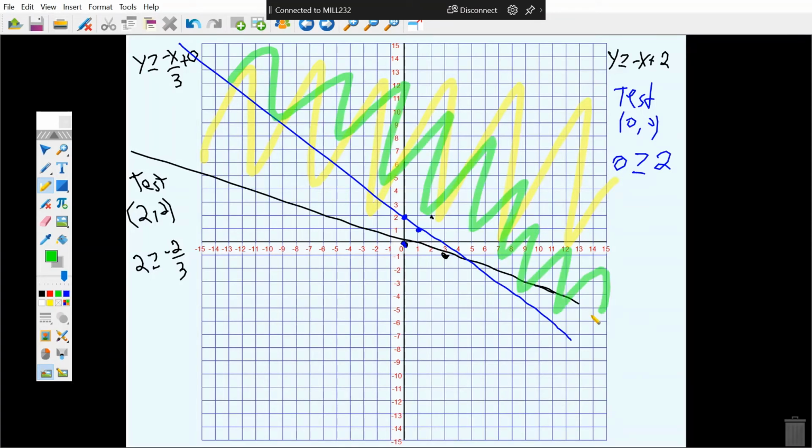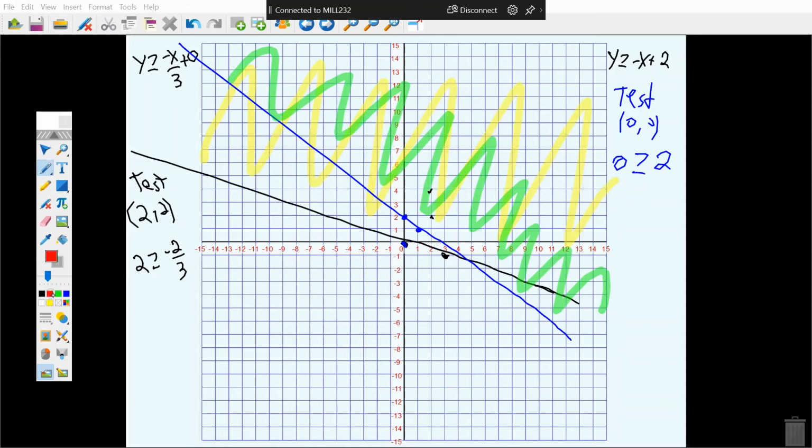Now, the final step is to look for any overlap. So the overlap occurs in anything that's above the black line that's also above the blue line. So I can look over here. If I had to write down possible values, I could say anything that's above this blue line. So 2 and 4 could be a possible value.